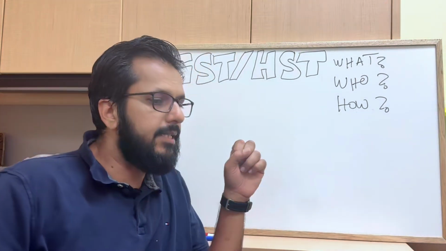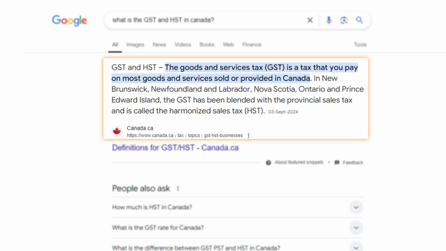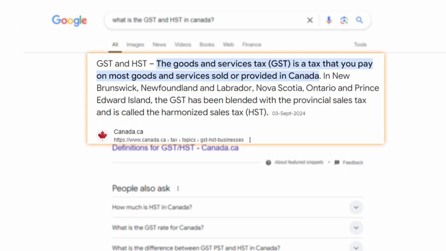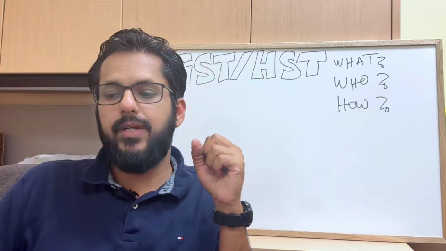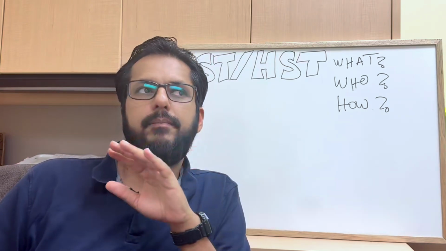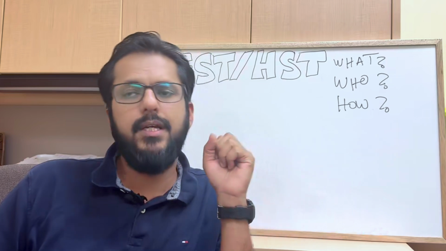So the first thing is GST slash HST are consumption based taxes. GST stands for Goods and Services Tax. When I say consumption based taxation, it means that it is basically geared towards the end consumer of a service or a product.